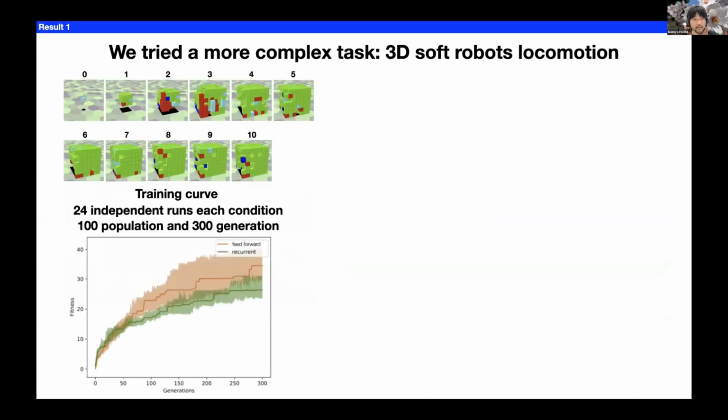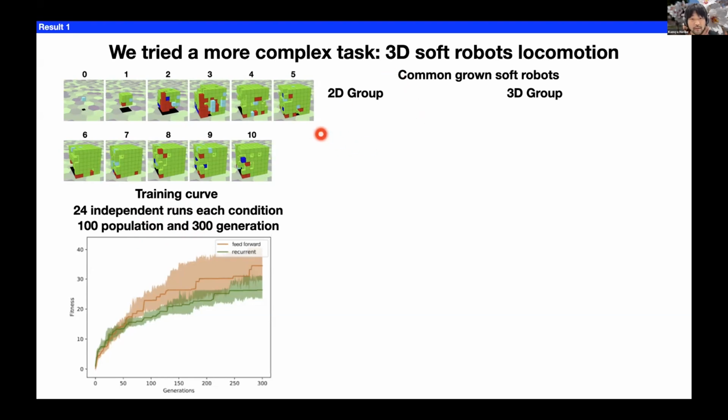So the next step is we apply it to the 3D soft robot. And we also train 24 independent runs for each condition. In this case, the population is 100 and 300 generations. And we get some common grown soft robots.